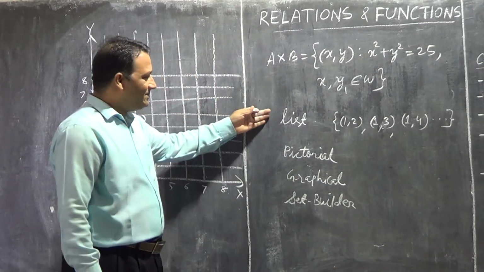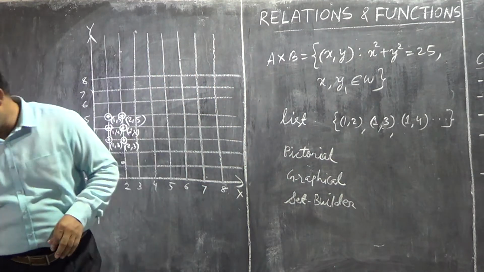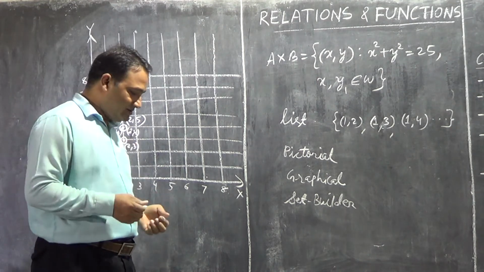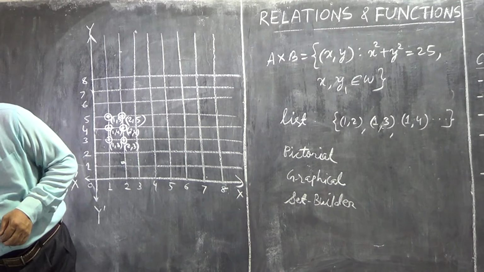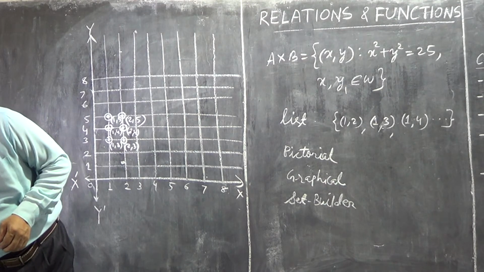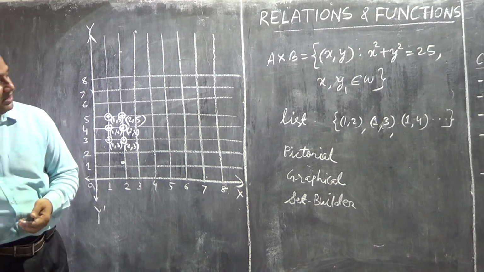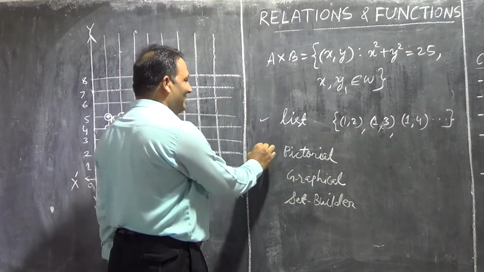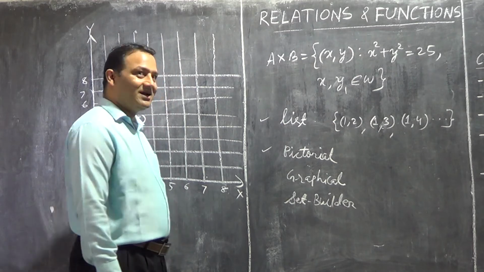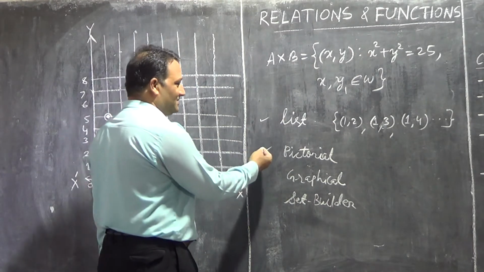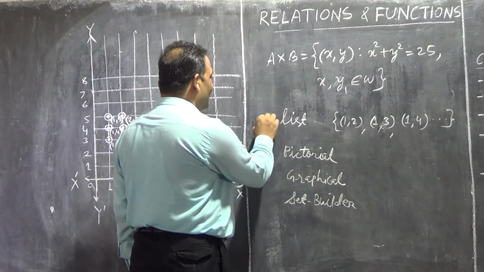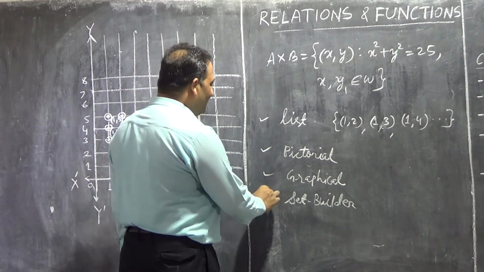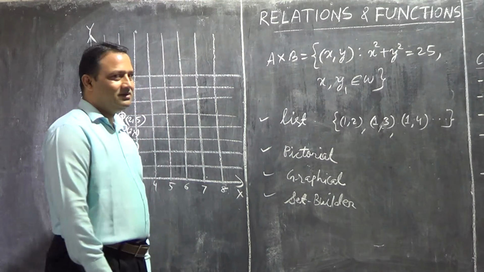So we have four major methods of representing a Cartesian product: by providing a list, by drawing a ray diagram, then graphical representation, and by set builder form.